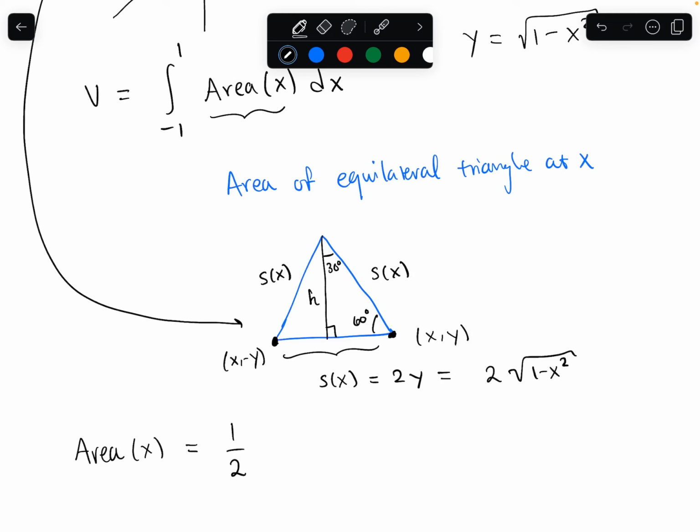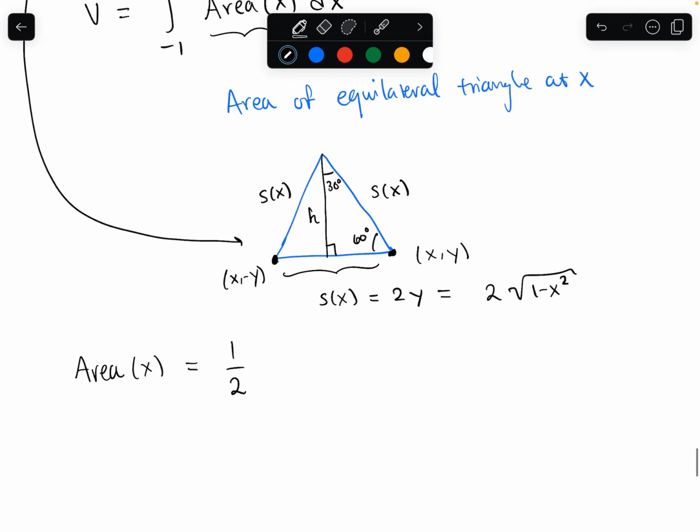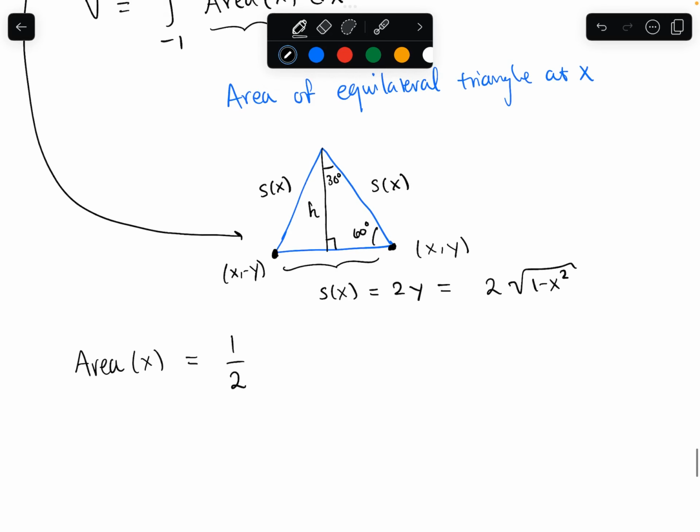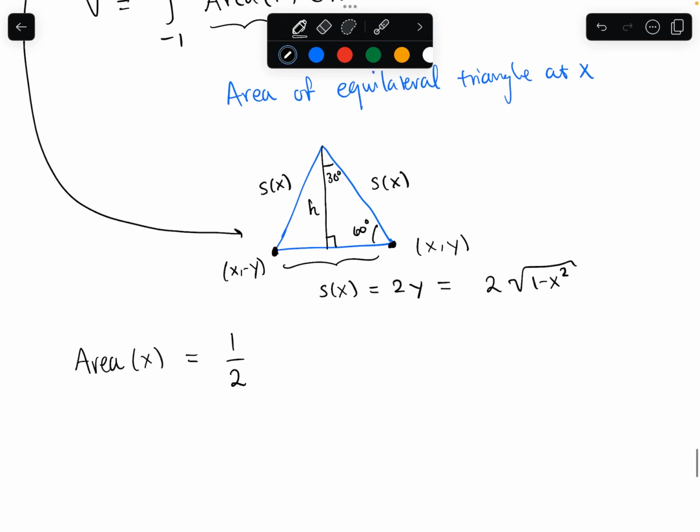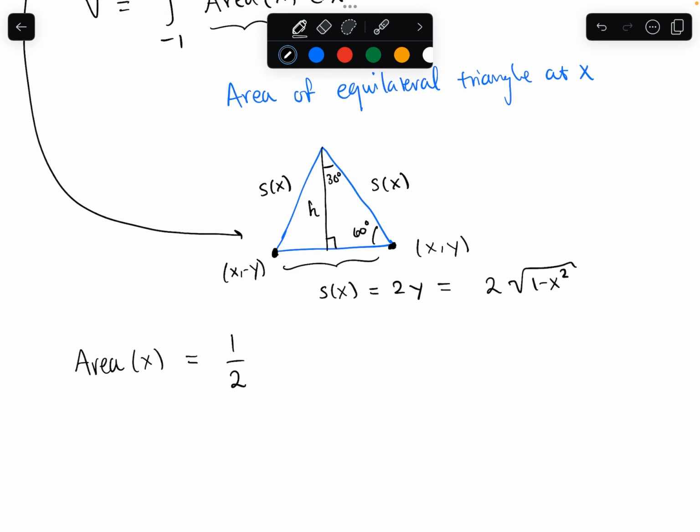And so if you look at this right triangle here, it's a 30, 60, 90 triangle. So you could use just trig from that. Or if you completely forget your trig stuff like I do, you can also just use the Pythagorean theorem, where this length here is the side length over 2, and the hypotenuse is the side length, so you can solve for it.